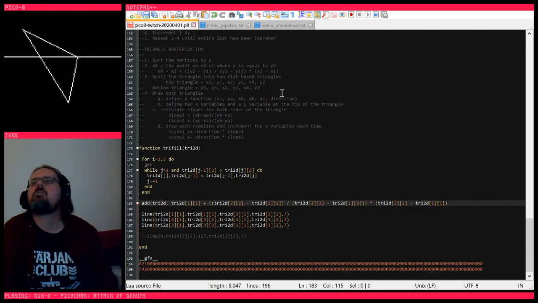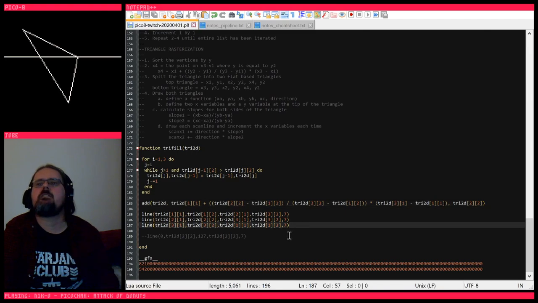Did I fill that incorrectly? I seem to have filled it incorrectly. Yes, that is the x, and of course the y is just going to be the y of the second vertex.